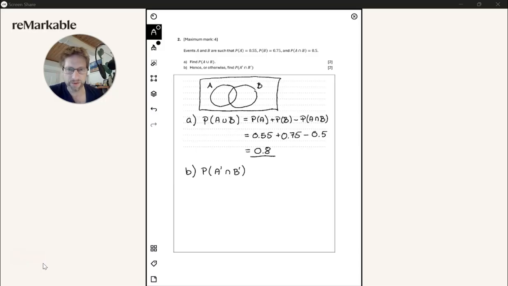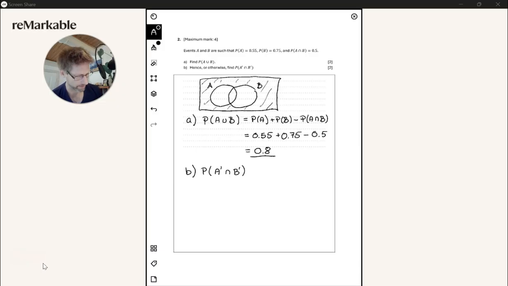But what you could do is go to your Venn diagram and imagine that if you take the complement of A, that means that you take everything outside A, and then you intersect with the complement of B. That means we take everything that is outside B. Then the stuff we get is the stuff that is both outside A and outside B. So it's the stuff out here.